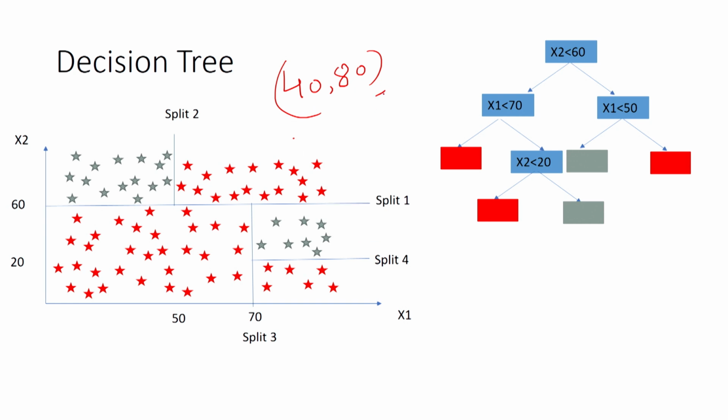In the same way, suppose we get a new instance that is 50 and 30. Again, let us see how its class will be predicted at testing time. So x1 is 50 and x2 is 30. x2 is 30, which is less than 60, so we go towards this, and then x1 is tested. x1 is 50, that is less than 70, so we go towards this, and this is a leaf node suggesting that the class of this instance is the red class.